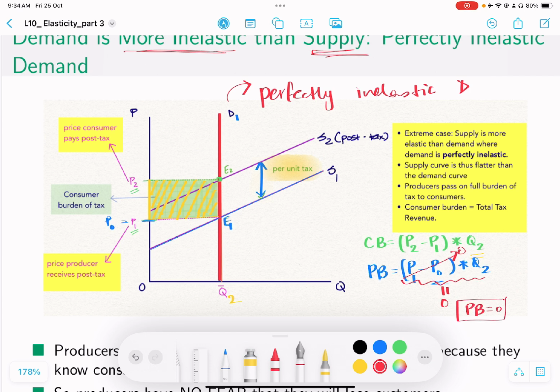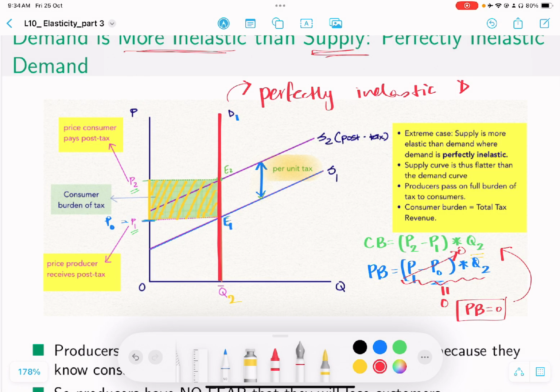And the idea here is that people are so attached to the good that producers know they can pass on the whole of the tax burden to the consumer without losing any customers, because this is perfectly inelastic demand, and even when price increases, the consumers hold on and continue consuming the good.